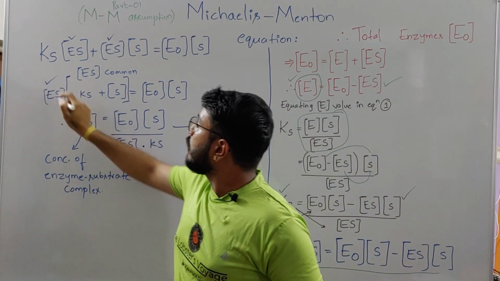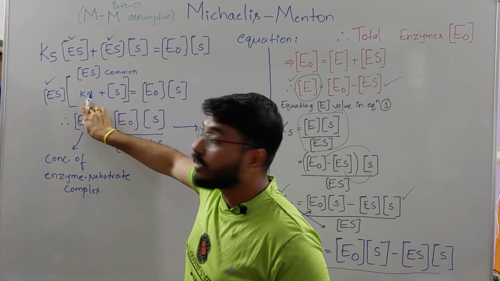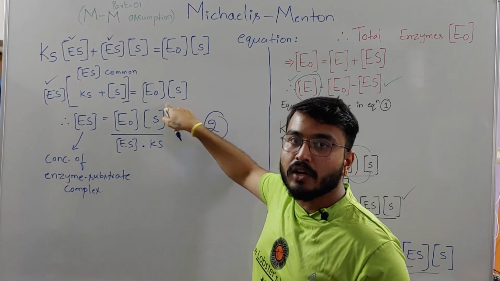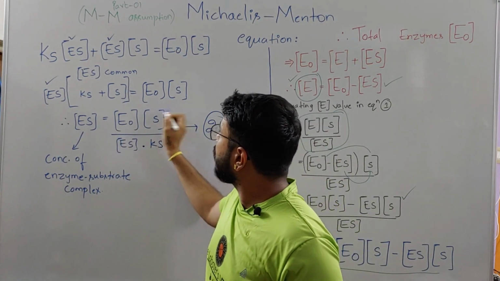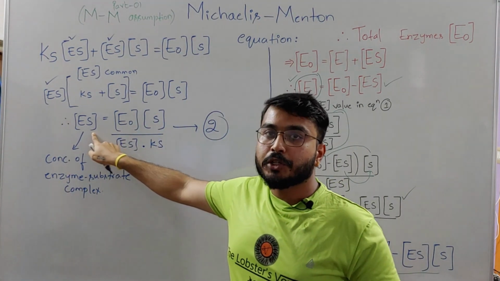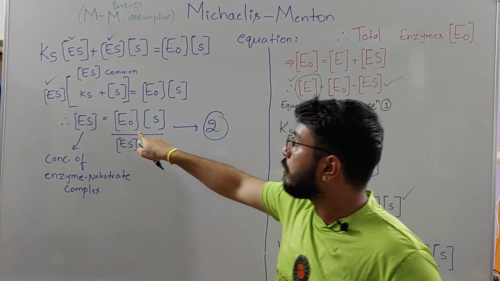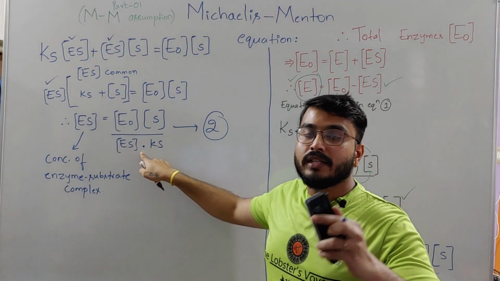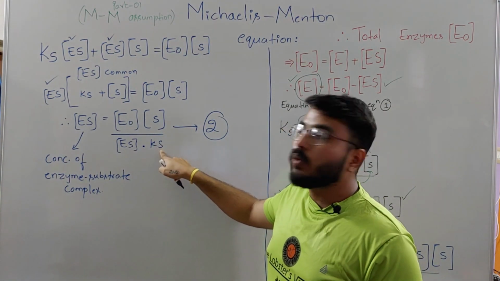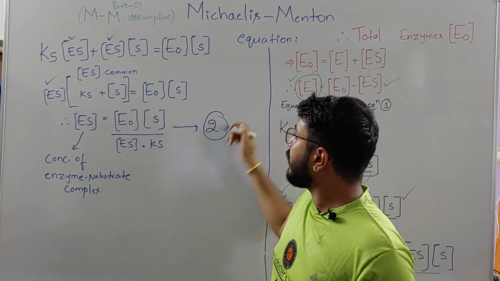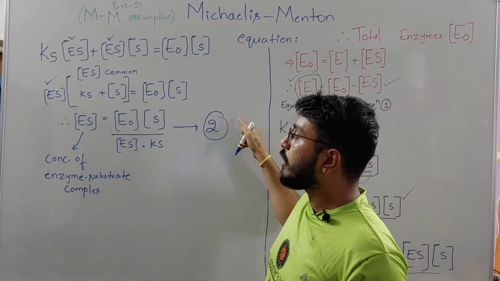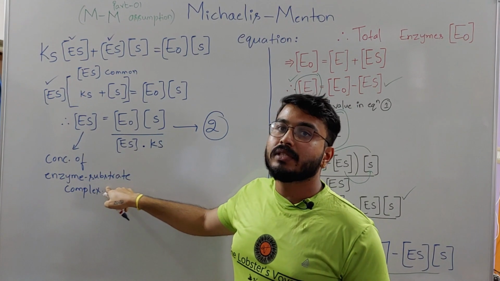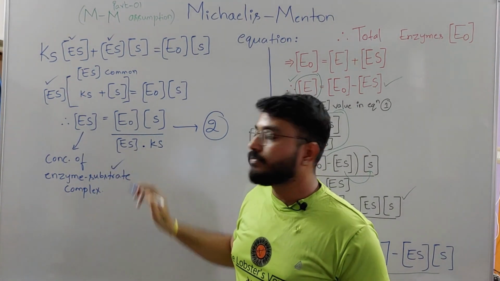Working on for ES, transferring the dissociation constant plus substrate concentration to the denominator on the right hand side, you get to find that the molar concentration of the enzyme substrate complex is equal to the molar concentration of E0 into the substrate concentration divided by the dissociation constant Ks plus the substrate concentration, and this is written as equation number 2, and this gives the concentration of the enzyme substrate complex.